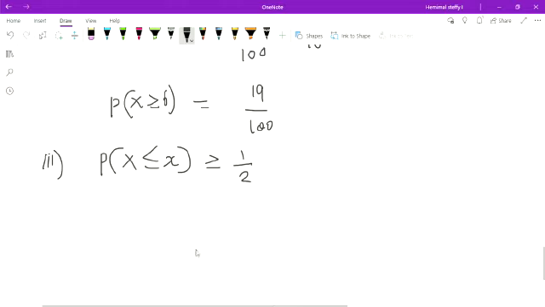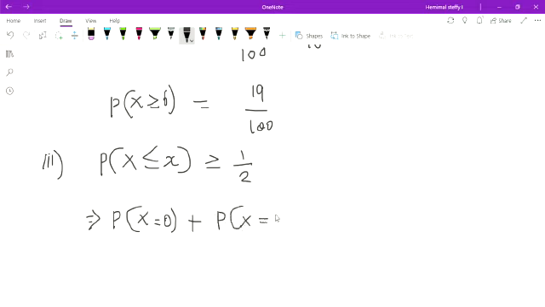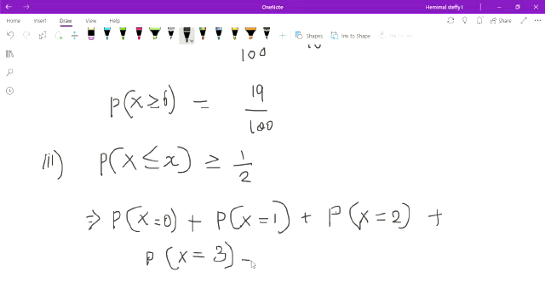So now I'm going to take P of X equal to 0, plus P of X equal to 1, plus P of X equal to 2, plus P of X equal to 3, and plus P of X equal to 4.